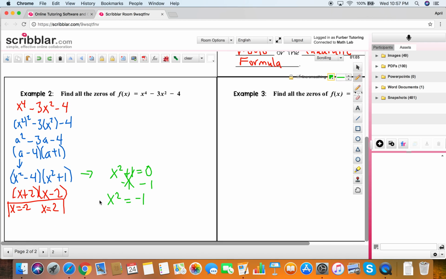And I'm going to take the square root of both sides, and I get that x equals positive or negative i, because the square root of 1 is 1, which we don't have to write, and it's a negative, so it's going to jump out as an i. So that is a pair of solutions, and this is a pair of solutions. And those are the solutions that solve this equation.